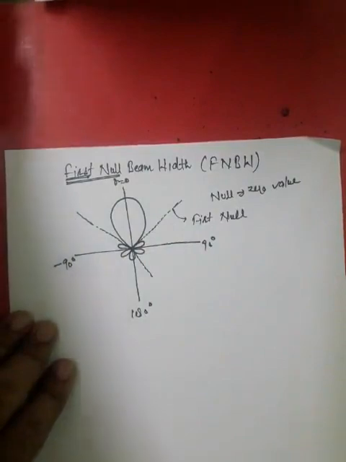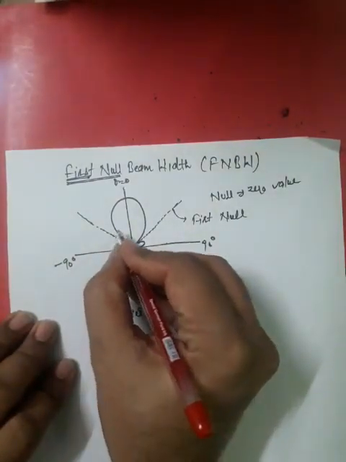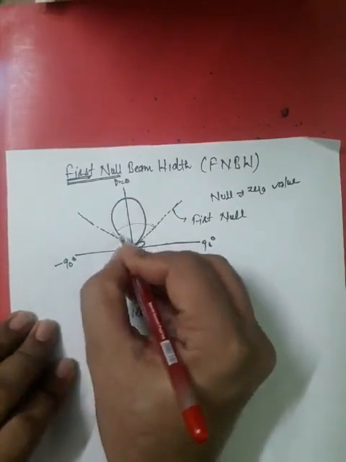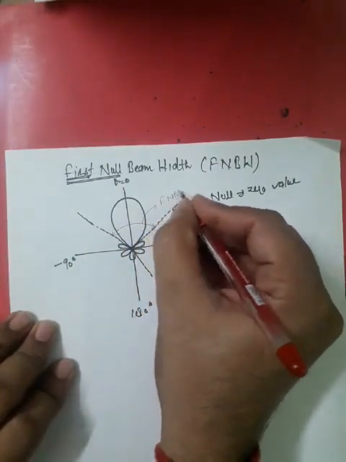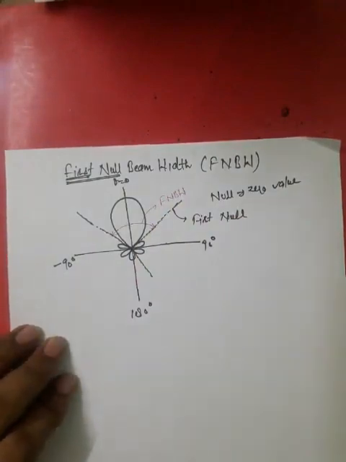The angle between these two lines is called the FNBW, first null beam width.